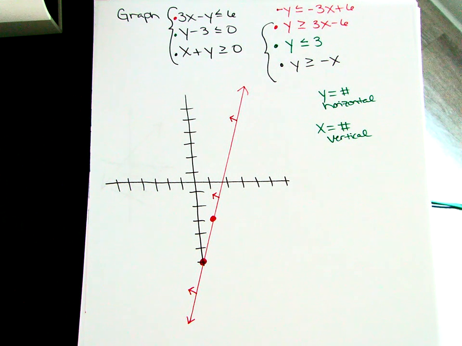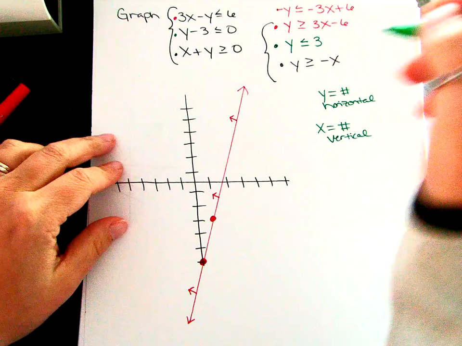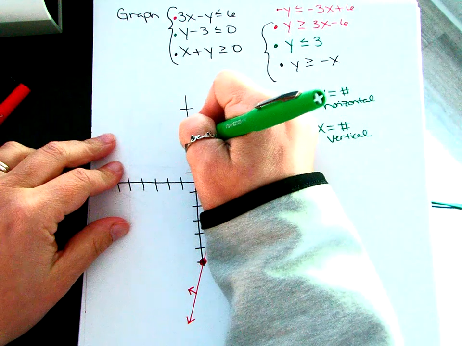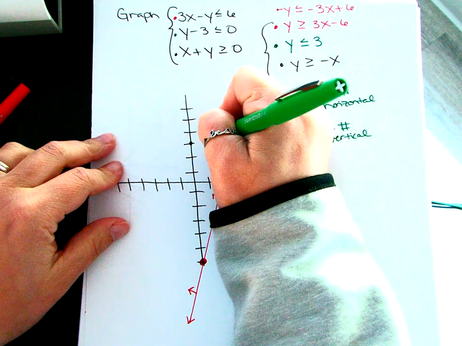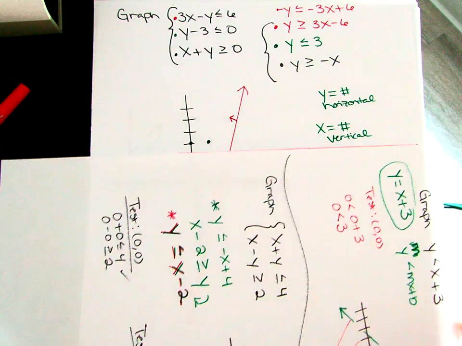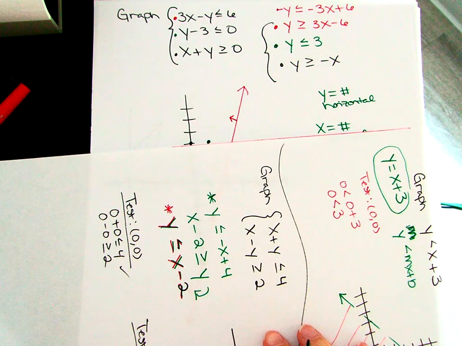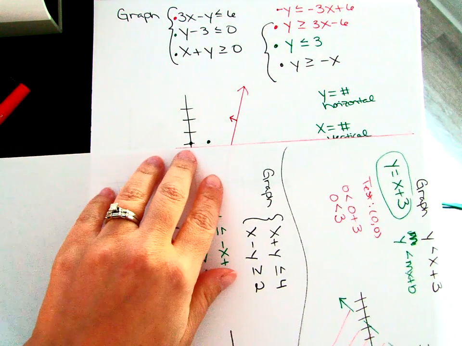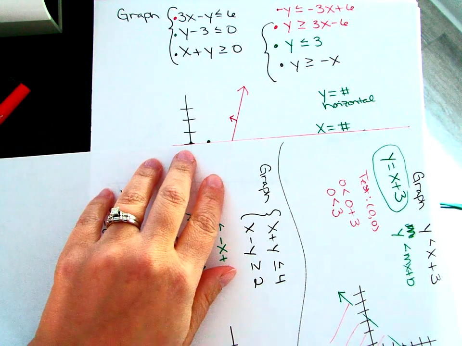So if y is less than or equal to 3, I'm going to go up to 3, and you can plot any 2 points along that line. It does not matter, as long as it's going to be horizontal, which if you're making your own tick marks, horizontal-ish. I know it's weird to draw a straight line.